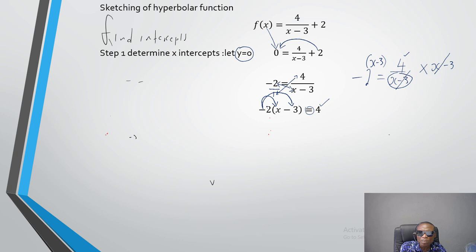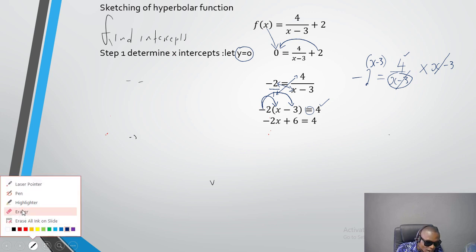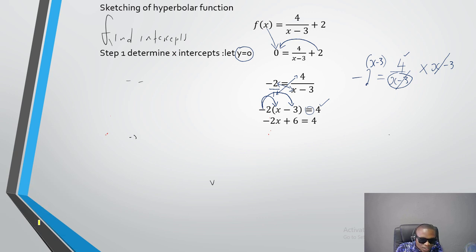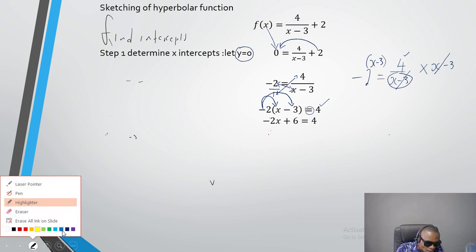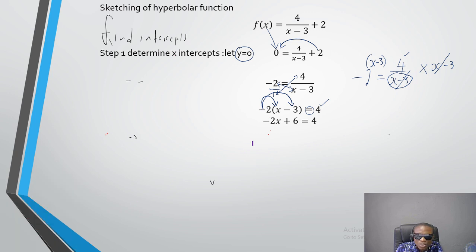You multiply throughout by negative 2, using the distributive law. So minus 2 times x is minus 2x, and minus 2 times minus 3 is positive 6.